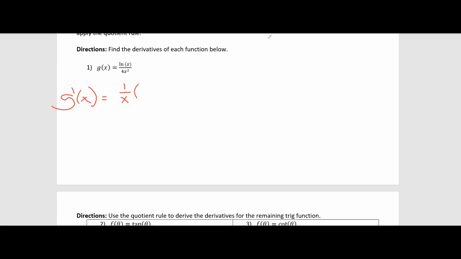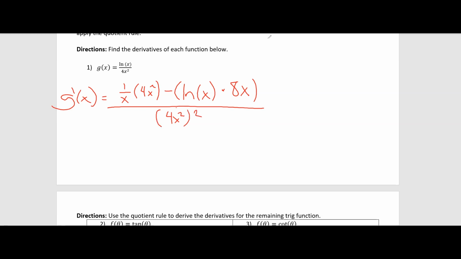Derivative of the top times the bottom function, minus the top function times the derivative of the bottom. So times 8x. I actually have an extra set of parentheses there I don't really need, but that's okay. All over the square of the bottom function. So 4x squared, that product squared.